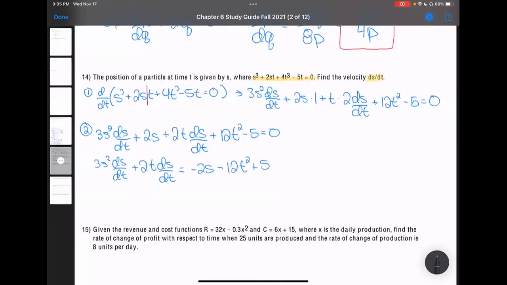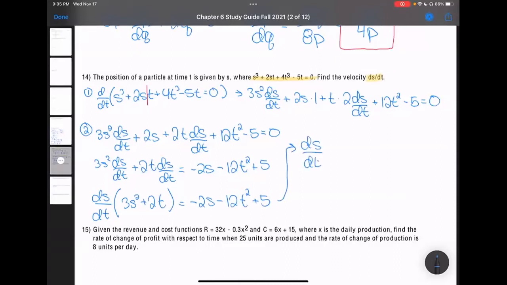Okay, we notice now that we have two terms on our left-hand side that are just ds/dt, and so we can factor them out to leave us with 3s squared plus 2t on the inside equals our right-hand side from the last step that is unchanged. And now that we have a form on the left-hand side that is two pieces multiplied, we can easily divide the entire right-hand side by the part in the parentheses to give us ds/dt as desired.